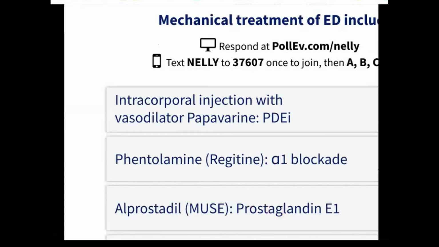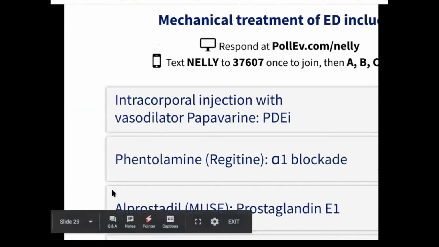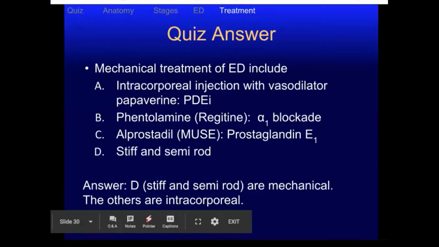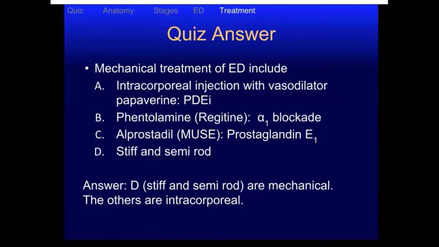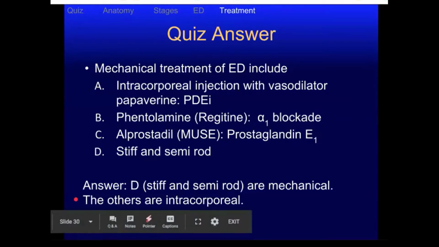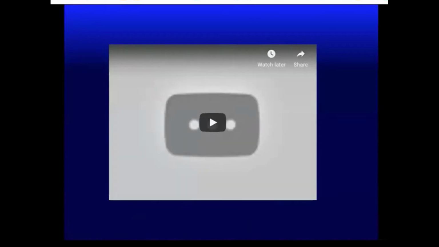So the mechanical treatment for ED, I think most of you got that, is the implants. The other ones are medications. They're not surgical mechanical interventions. So we'll go into how this is done.